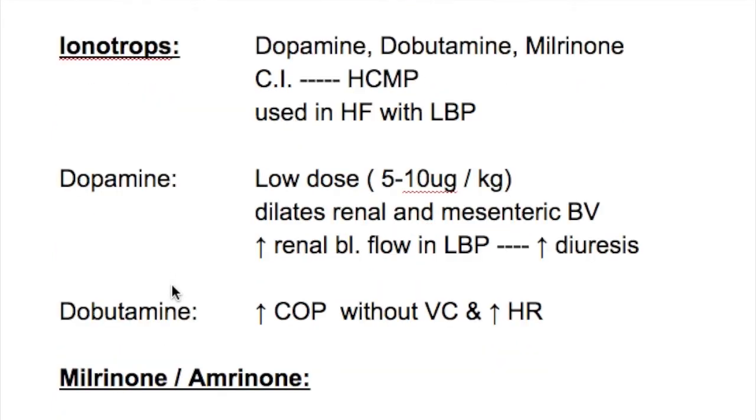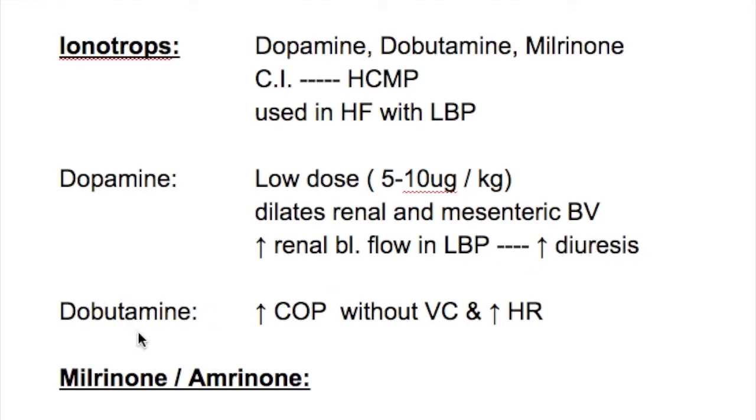What are the effects of dopamine, and what is the difference between dopamine and dobutamine? Dopamine is a sympathomimetic, but in low doses up to 10 microgram per kg it dilates the renal and mesenteric blood vessels. So it increases the renal blood flow in hypotension and causes diuresis.